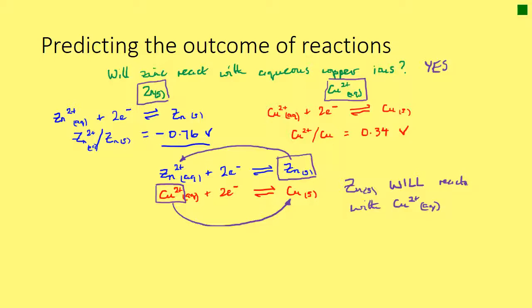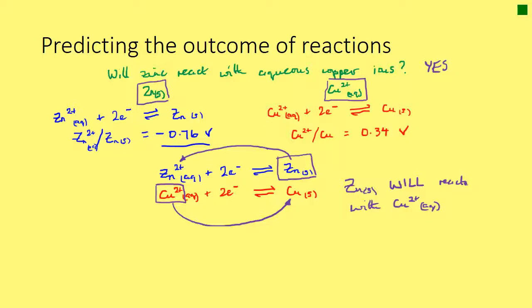Then what you have to do with this anti-clockwise rule is put the half equations, the half equation with the more negative electrode potential on top. So I'm going to move back to blue for zinc. The one that is more negative is the zinc, so we're going to write that half equation on top, and they're both still written in the reduction direction.